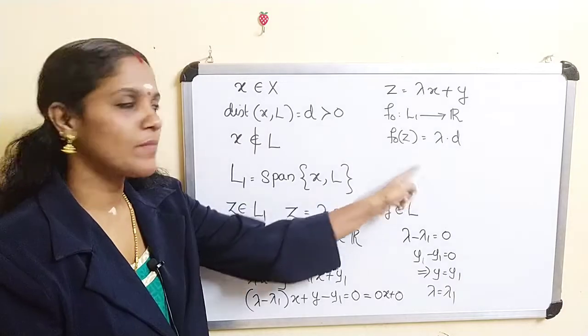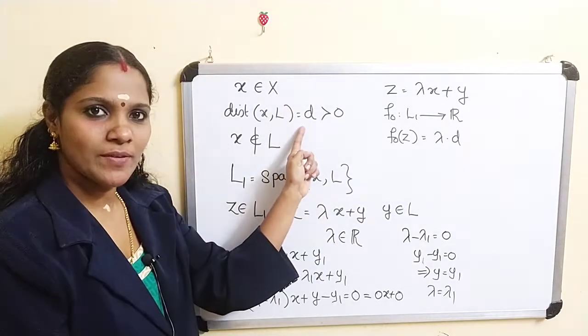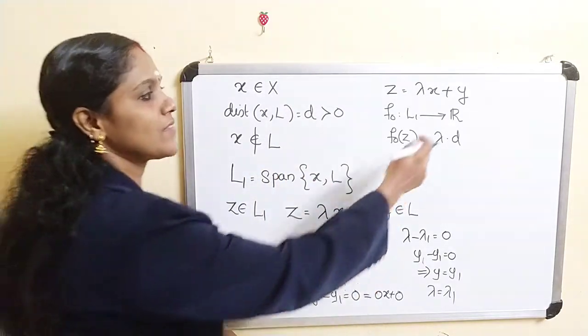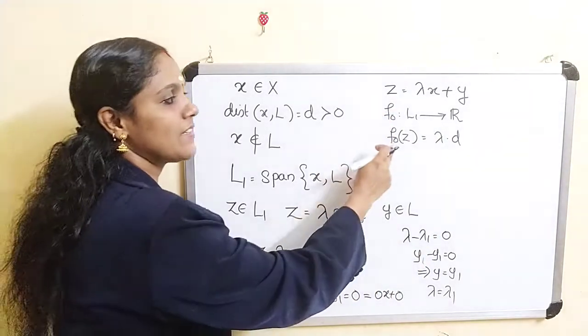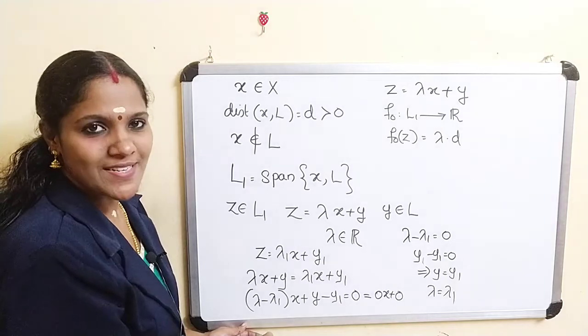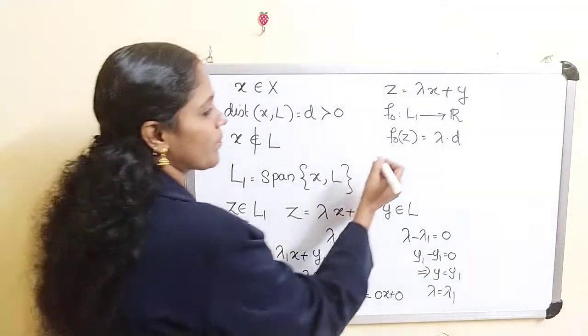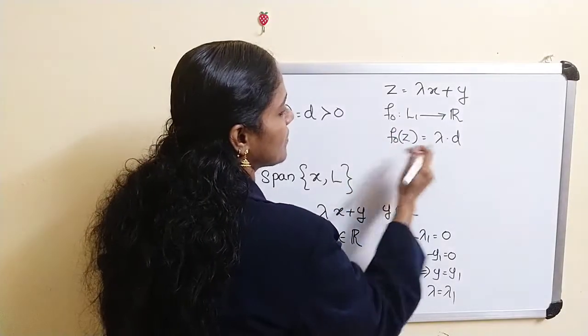Lambda is a real number, d is also a real number. This implies clearly this belongs to R. As the representation is unique, clearly this is a well-defined function. Now you can check whether f0 is linear.